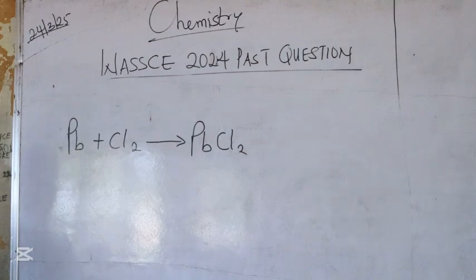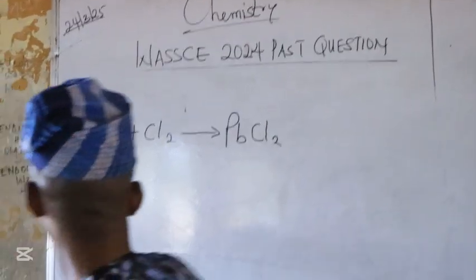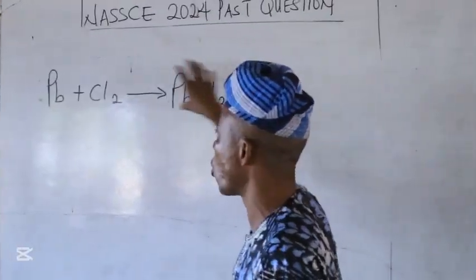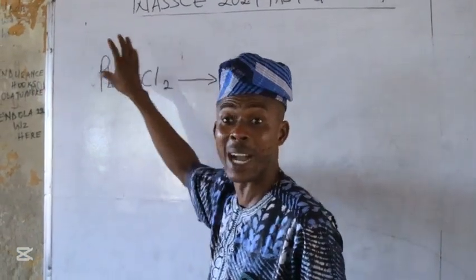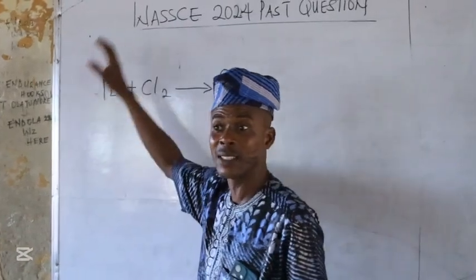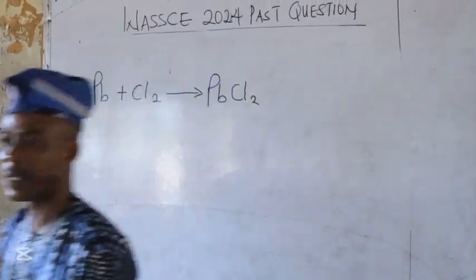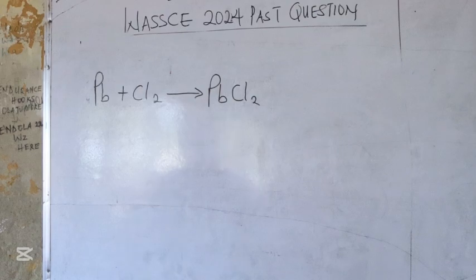Once you have 0 like this, it will be circled for you as 0. If you meet such an examiner, you have done the right thing. You need not be afraid of anything. And that is what I'm trying to tell you. So now we have formed the lead 2 chloride by combination of the constituent elements, which are lead and chlorine. That is right.